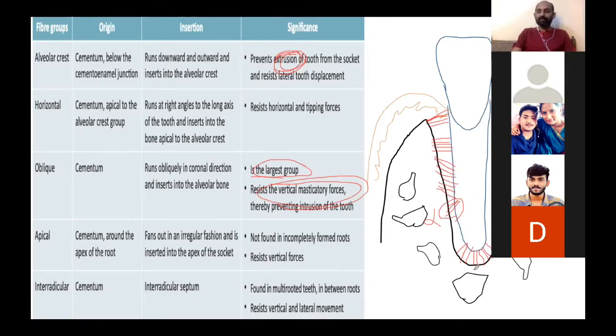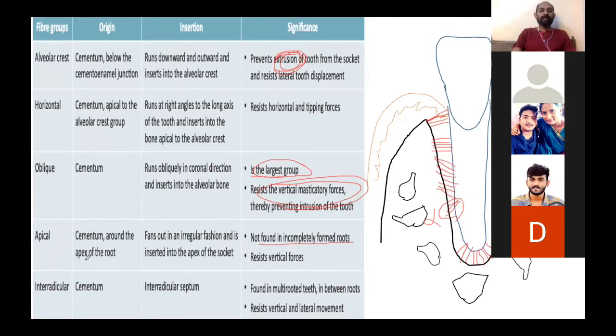So the apical group of fibers are absent where? In a newly erupted tooth where the root is not completed, where the apex is not completed. In those kind of tooth, the apical group of fibers are not there, right? So you will have only the other groups of fibers, and this group of fibers are not there. So that you should understand. So if you see, they are not found in incompletely formed roots.